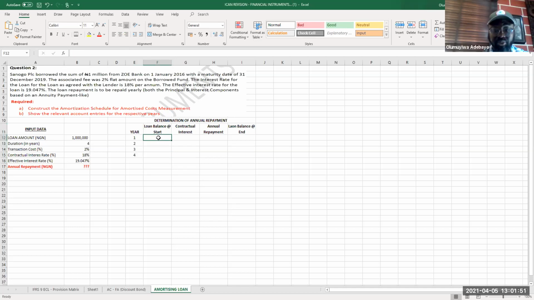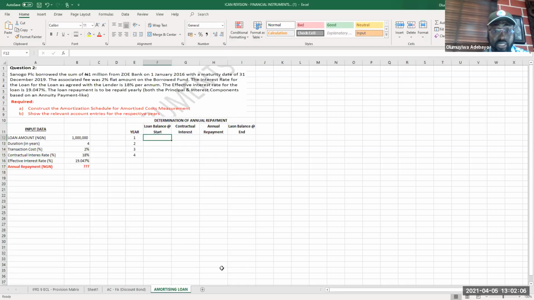What is the amount you borrowed? 1 million. Interest is the product of 18%, which is a fixed rate, and your loan balance.